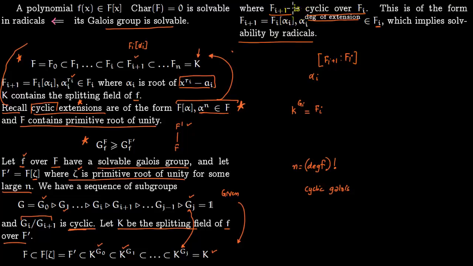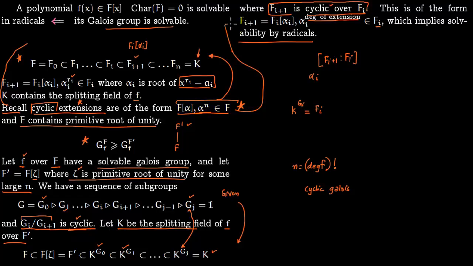So again, notice that once you have the cyclic extension here, this cyclicity comes from the cyclicity of the Galois groups. The terminology carries over: this is cyclic precisely if your corresponding Galois groups are cyclic. So now, from here to going to here, we have used cyclic extensions, which are of this form, F(alpha), alpha to the power of n.